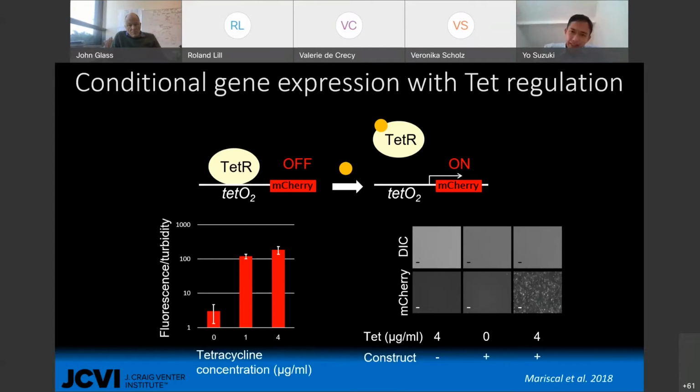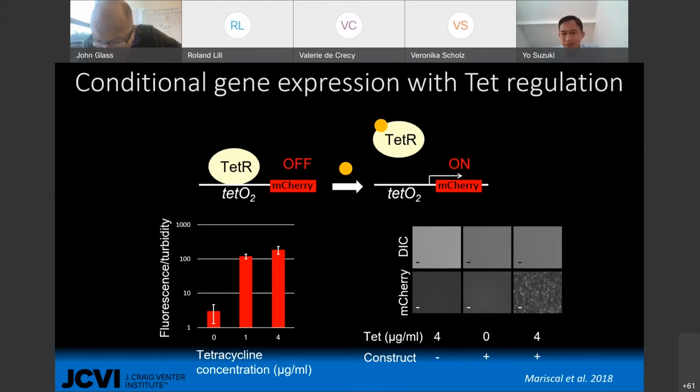So TET regulation would be nice to drive CRISPRi. I wonder if you guys also see the icons. We tried to implement this and it was not easy for us. But when we implemented a system developed for M. genitalium, we had a breakthrough.